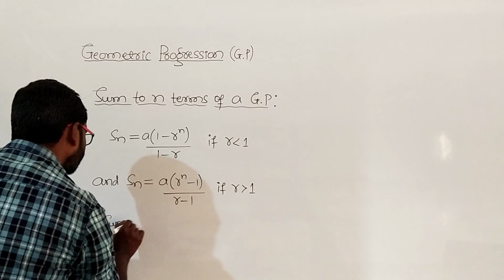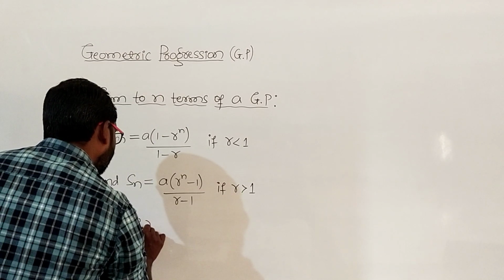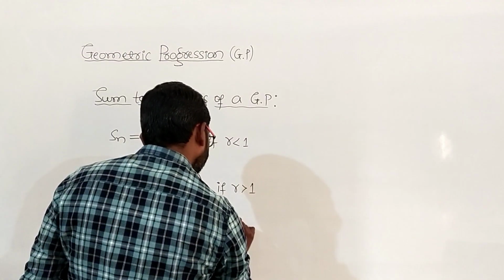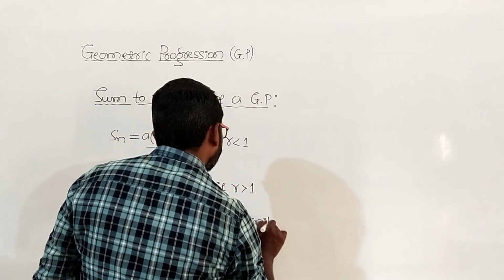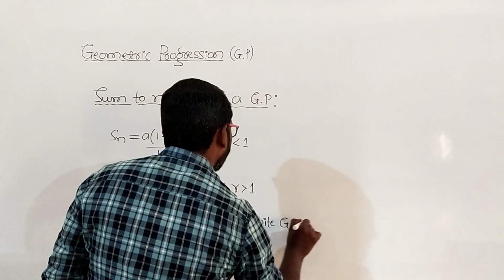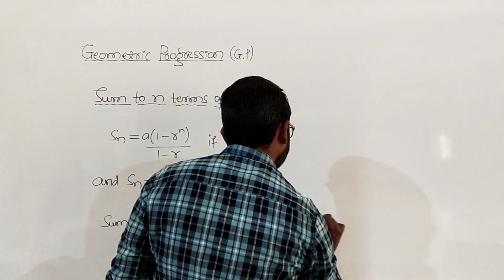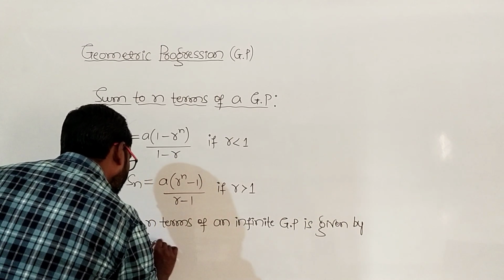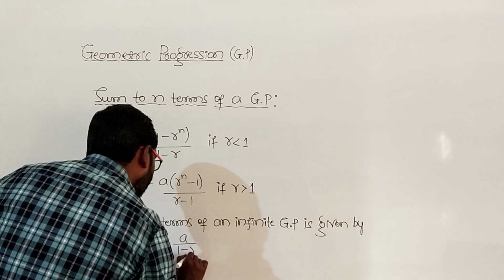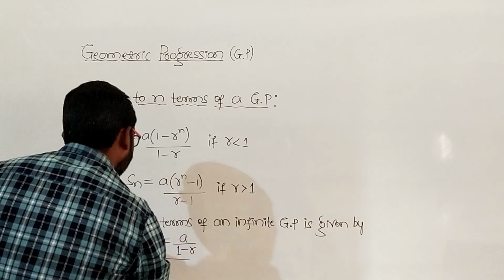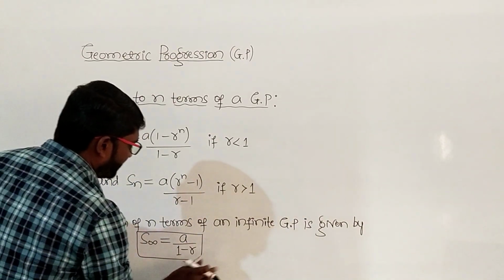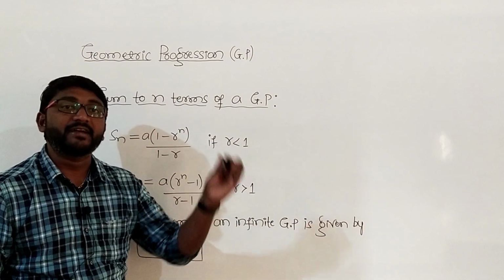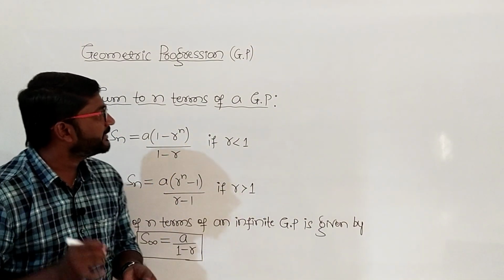The sum of an infinite GP is given by S infinity equals A divided by 1 minus R. You will have to remember this formula: S infinity equals A by 1 minus R, if the series is an infinite geometric series. So this is regarding the sum to n terms of the GP.